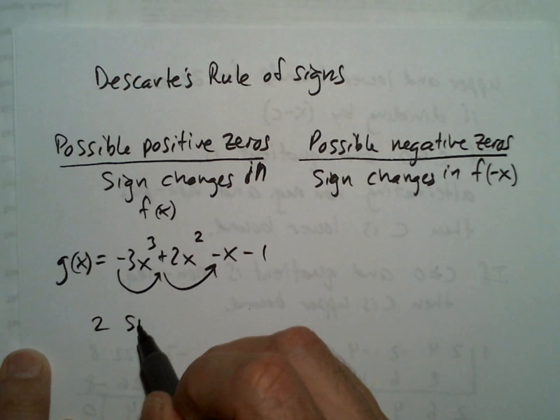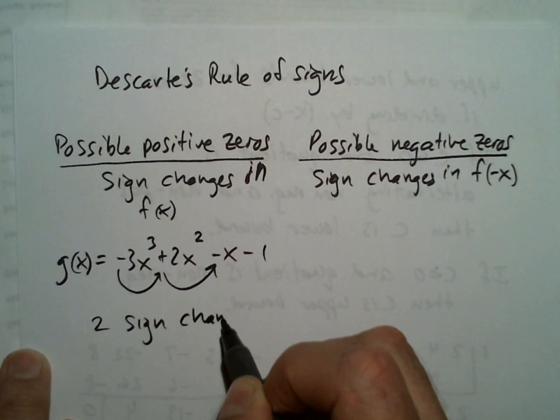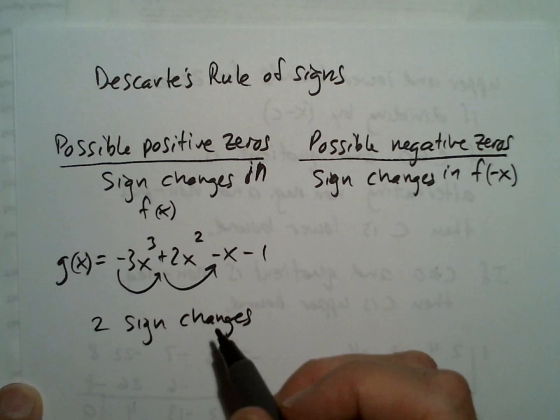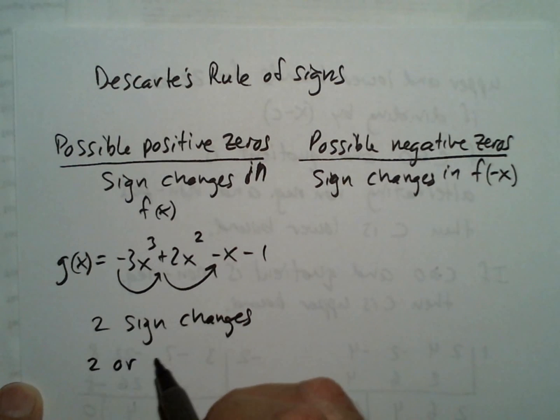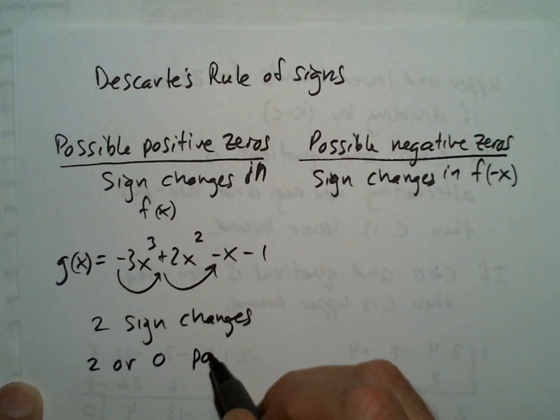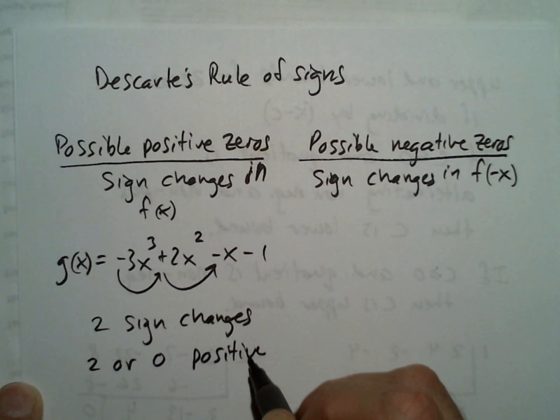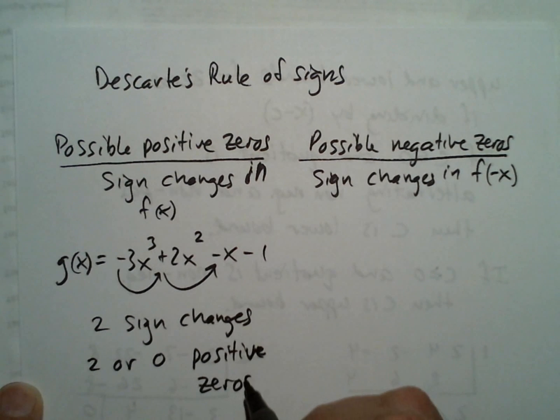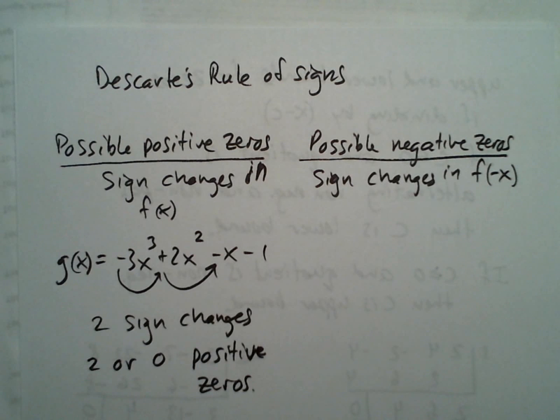So we have two sign changes, and that's going to mean we can have 2 or 0 positive zeros. Whatever number we get, we go down by 2. So we wouldn't say we have 2 or 1 or 0. It's 2, and we skip 1 and go to 0. If we had a 3, we'd go 3 or 1.